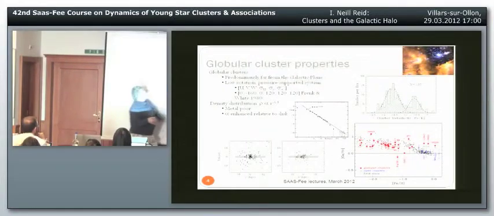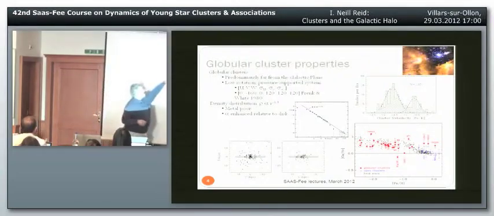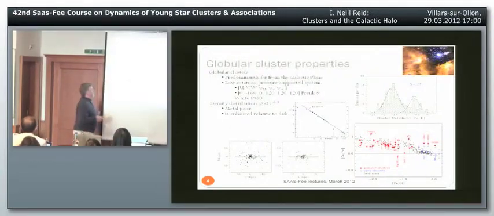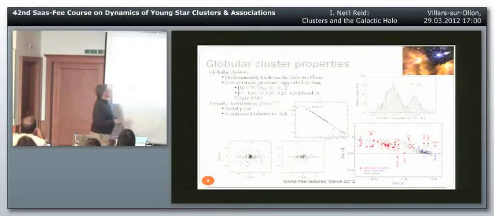There's a kind of bimodal distribution in metallicity, a broad distribution in metallicity going back down to much less than 100th the metallicity of the Sun. The globular cluster population are alpha enhanced. That means that they must have formed rapidly before there were significant numbers of type 1a supernovae to add extra iron into the ISM. So again, this is saying that they formed, like the halo stars, early on in the life of the galaxy.